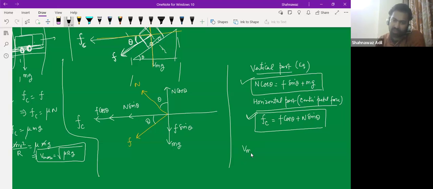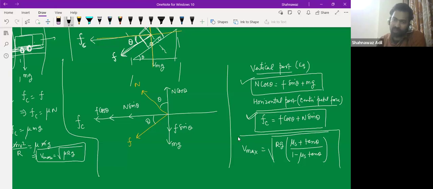So V max, if you put FC as mv square by r and solve, you will get root of rg times (mu s plus tan theta) divided by (1 minus mu s tan theta). This is the maximum speed with which you can move so that you don't slip.